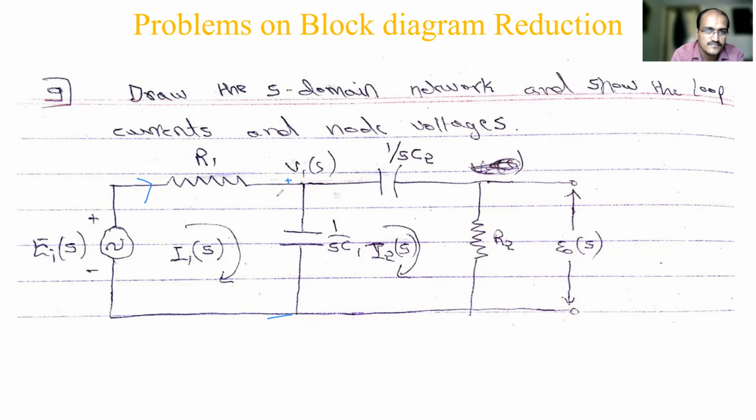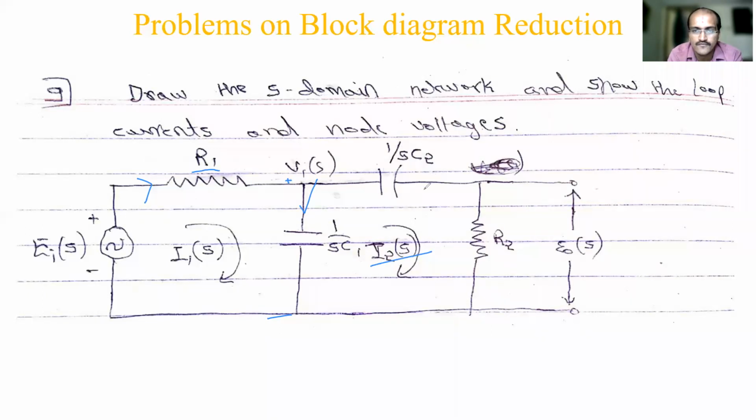So Ei of S minus V1 of S by R1 becomes your I1 of S. Then V1 of S is nothing but the voltage across this, where the current is I1 of S minus I2 of S, so it is 1 by SC1 times I1 of S minus I2 of S. Then V1 of S minus E naught of S by 1 by SC2 is your I2 of S, since the current here is I2.